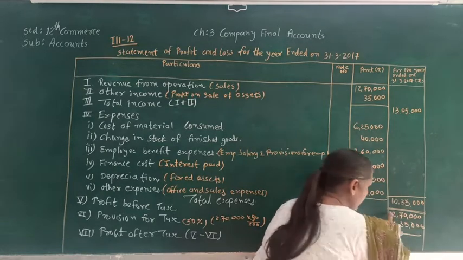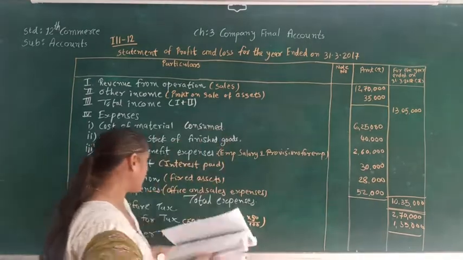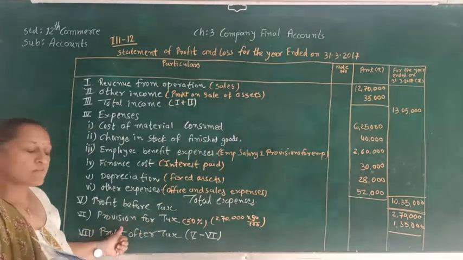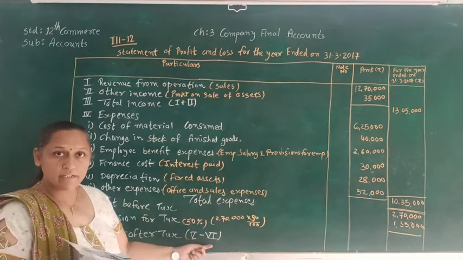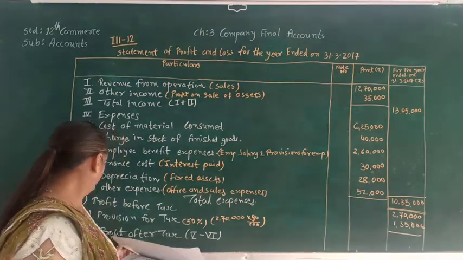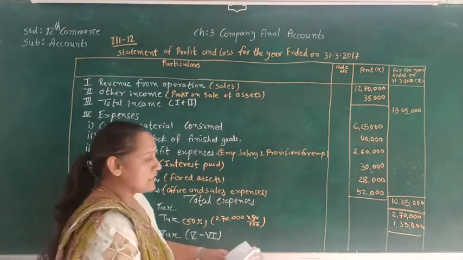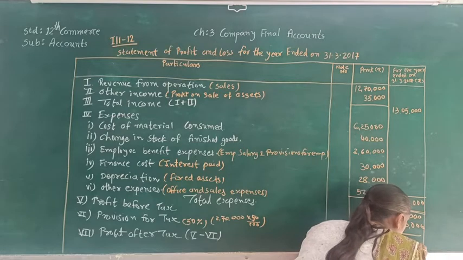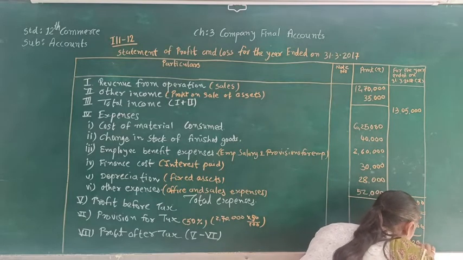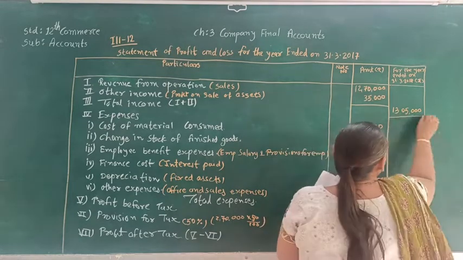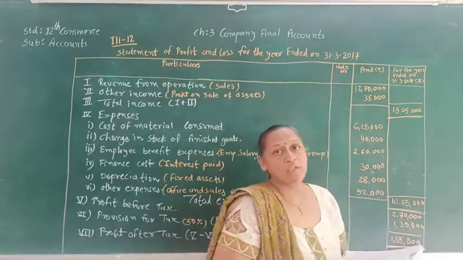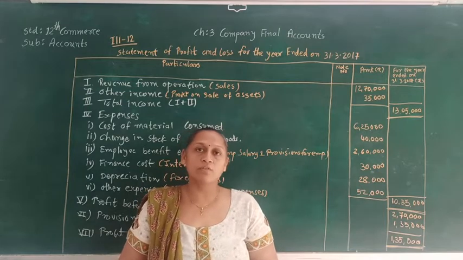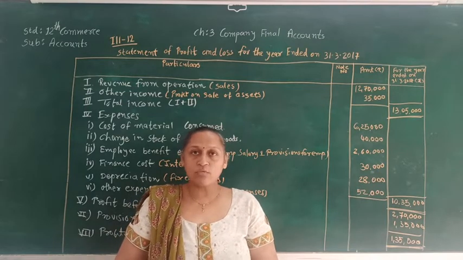So if we deduct provision for tax from profit before tax, that is, from 5 we deduct 6, then we come to the profit after tax, and that will be 1,35,000. So this is our profit after tax, 1,35,000. So this is how we are supposed to prepare the statement of profit and loss account. Students, you may note down this in your notebook. Thank you for watching this video.